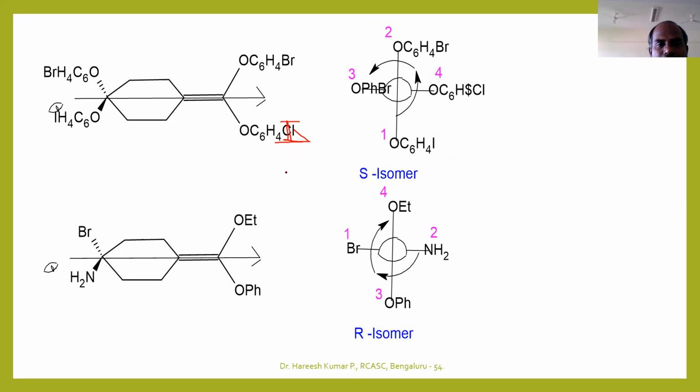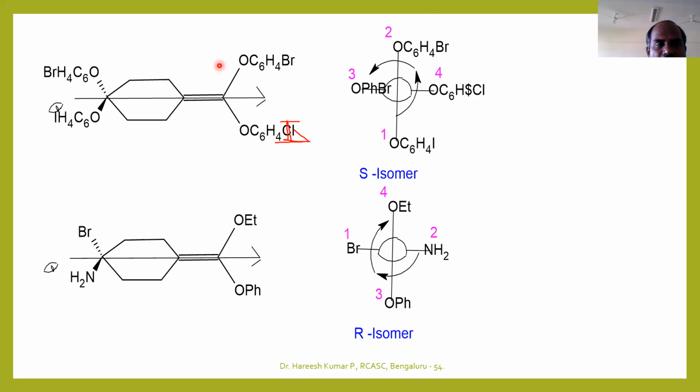So this is iodine. Now I'll take a pointer. This is iodine now, and these two are vertical ones, OC6H4Br, and you know that the one containing iodine has the highest atomic weight, so that is the reason this takes the first priority compared to bromine.